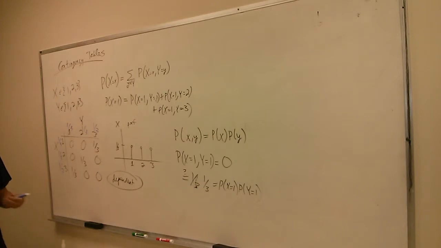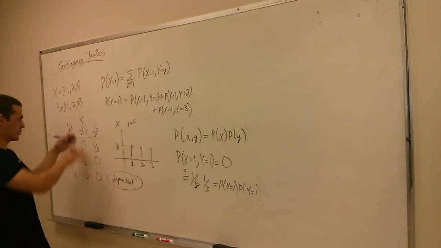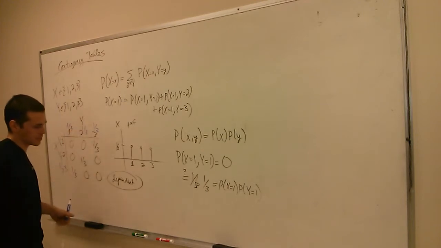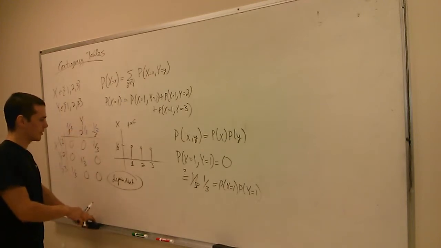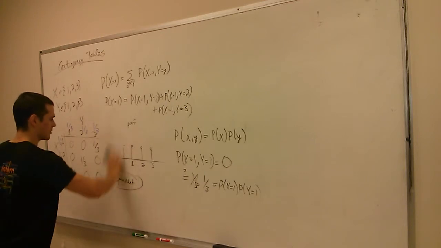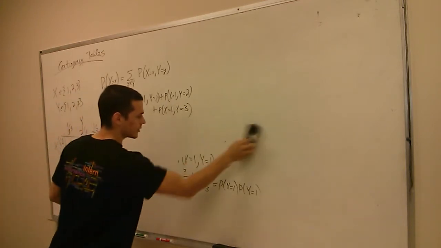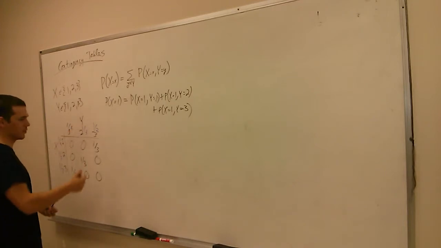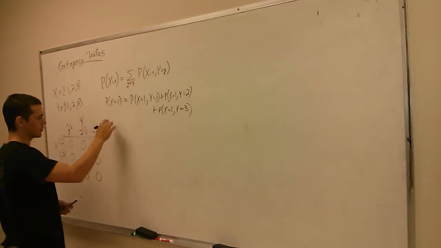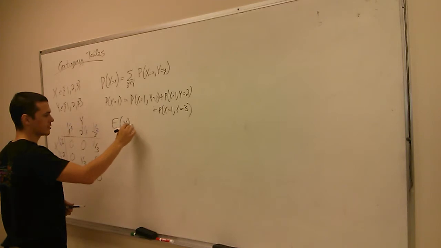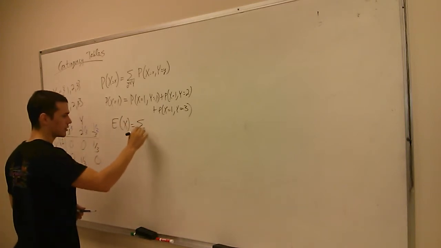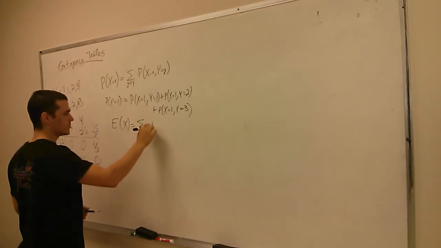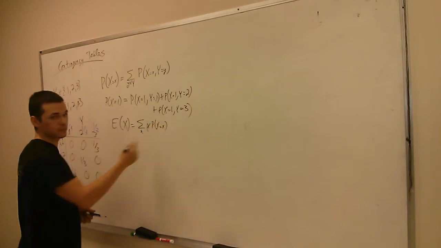Now we can compute some moments. So moments are like single variable descriptions of the random variable. So one of those moments is the expectation. So we have the marginals for y and x. So we can compute things about these distributions. So E of x is going to be the sum of x times p of x. Right?